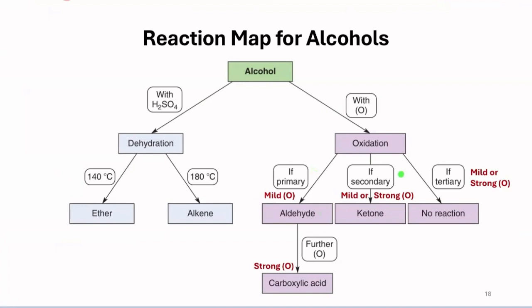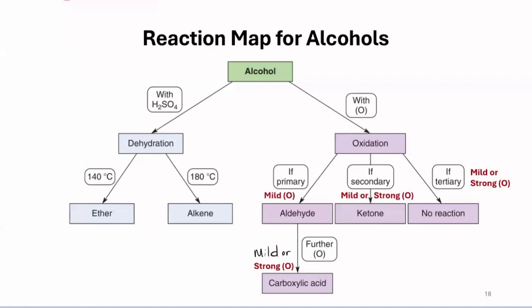If you have a secondary alcohol, it doesn't matter if you use a mild oxidation or a strong oxidation, you can only form a ketone. Aldehydes via oxidation, and that oxidation can be mild or strong, you will only form a carboxylic acid.